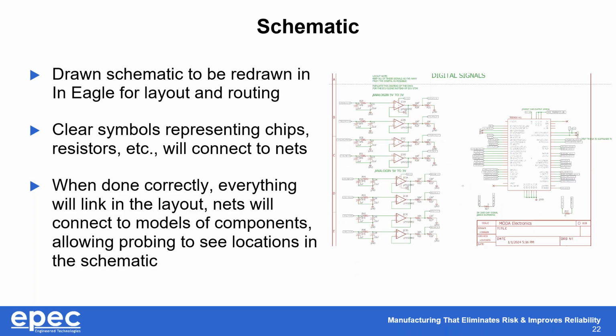Once the schematic has been captured and drawn in Eagle for layout and routing, the symbols representing chips and resistors, etc., will all connect to the nets that are required for the PCB to function. When it's done correctly, we can probe those points and see the locations on the schematic, and everything will come together neatly.